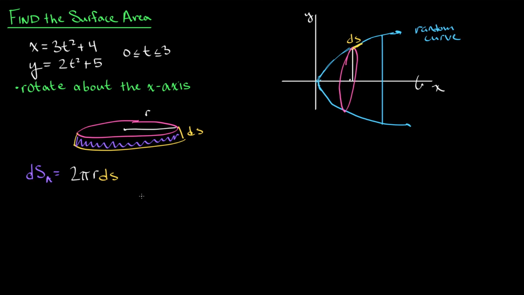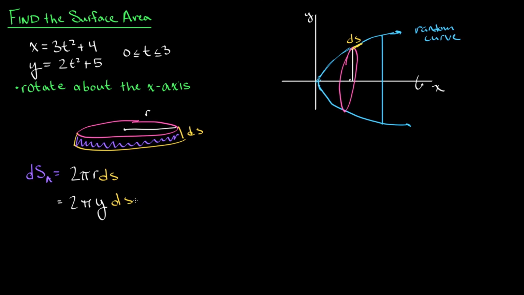Now, how do we start to talk about, okay, we have these parametric equations up here. How do we handle those in terms of this down here? And what we need to do is remember, okay, when we're rotating around this x-axis here, r is going to be y. So we can write that out, 2 pi r. So r is now y, and then we're still multiplying by ds.